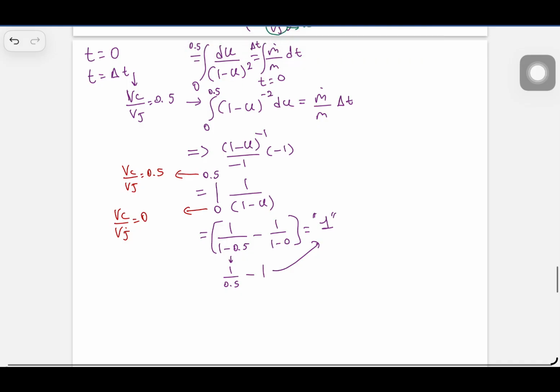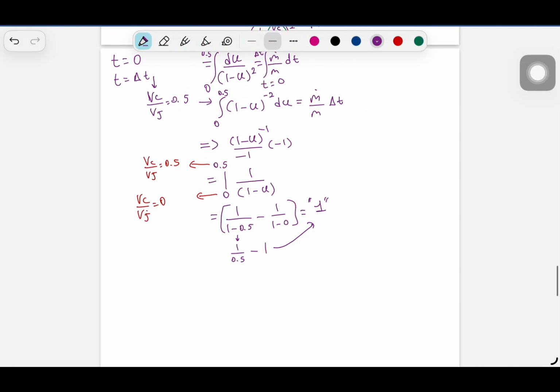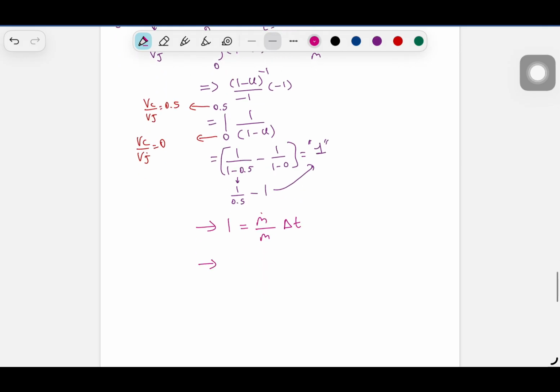So let me continue from here. So 1 will be equal to the mass flow rate over m, times delta t. And delta t is equal to mass over mass flow rate.